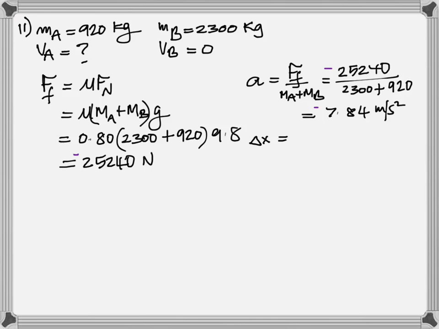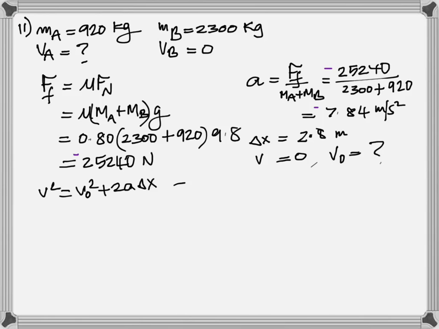Actually negative because it's slowing down. And then you can work backwards because the displacement is given and the final velocity was 0. You can find the initial using this equation from chapter 2.